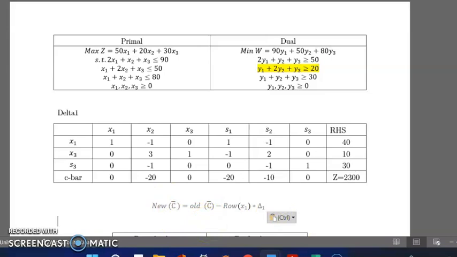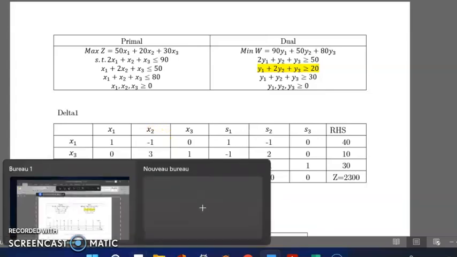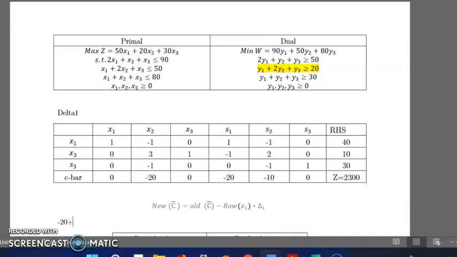So the new C-bar value of x2 is minus 20 minus the value in the row of x1, so it's minus 1, so minus and minus is going to be a positive sign, plus 1 multiplied by delta 1.